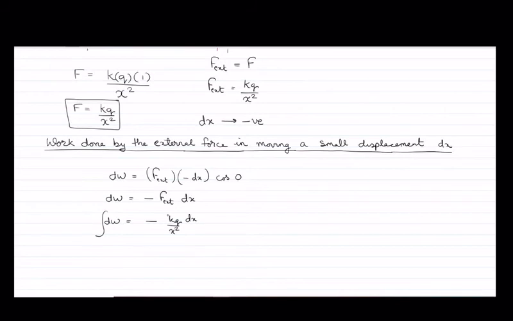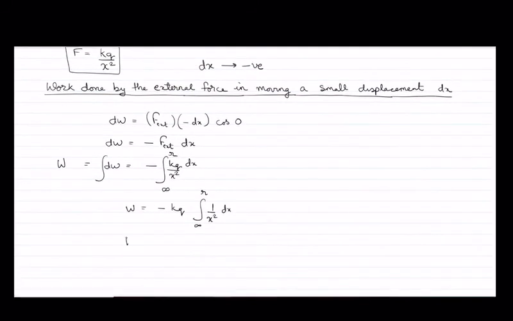So when I integrate this, I get the total work done. I have to integrate from infinity to the final distance, which was r. So W will be minus kQ times the integration of 1 upon x square dx from infinity to r.